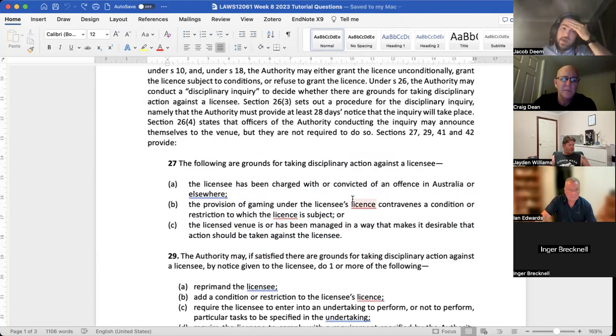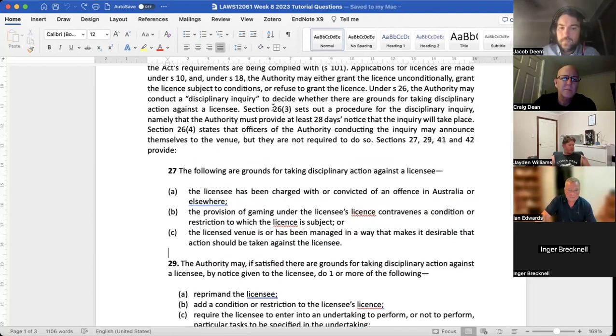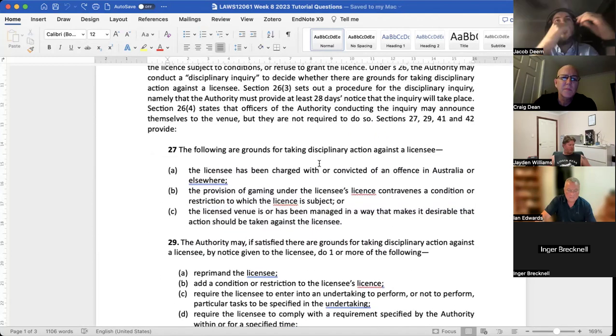And so when we think about section 26, we've said that procedurally there have been issues.